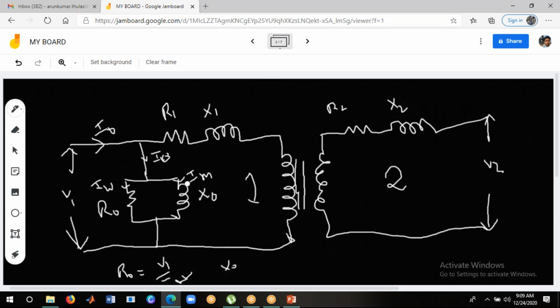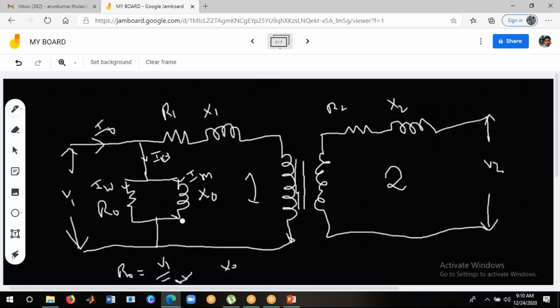Now you may have one doubt: why does this circuit come only from the first circuit, and why not in the second circuit? This circuit consists of the core and is responsible for iron losses, or core losses. Iron losses do not depend on the load. In the primary we give the supply and in the secondary we connect the load.